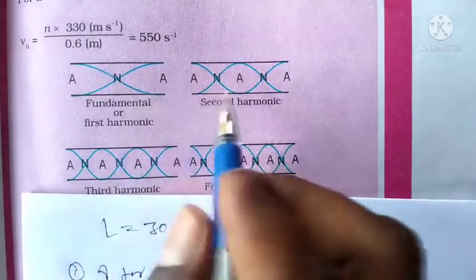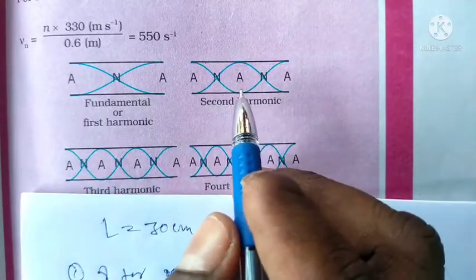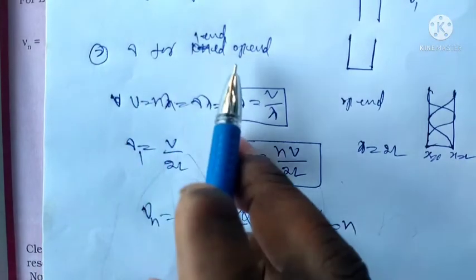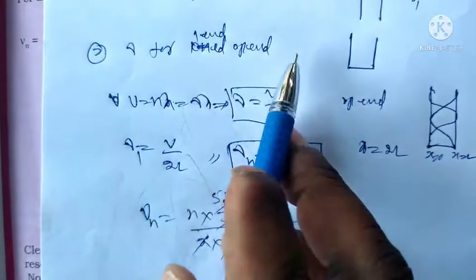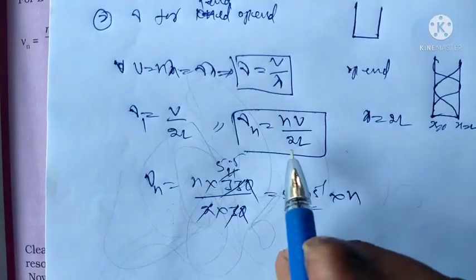It is both ends open, that is an open pipe. Okay, the second case is one end open, the other end closed. We can find the frequency with the same formula.